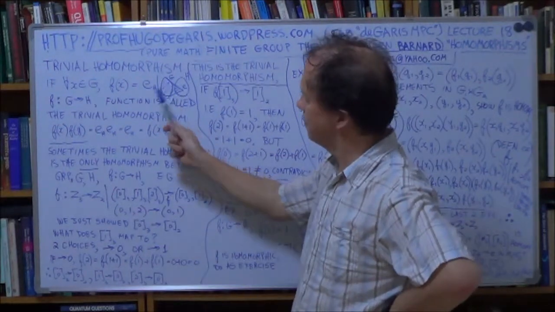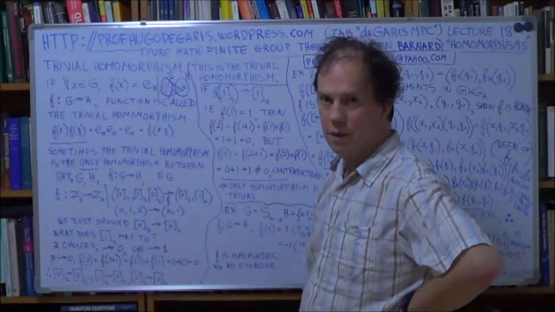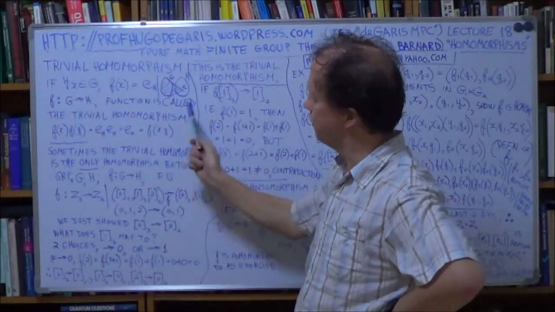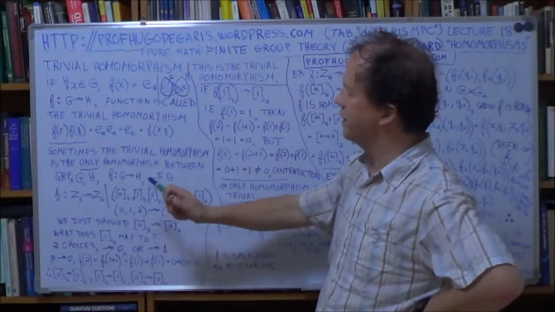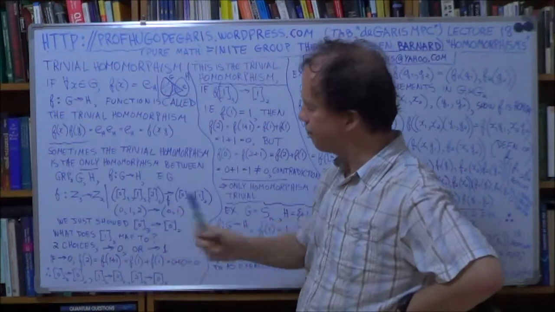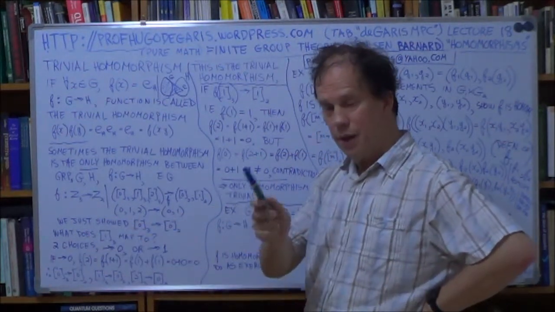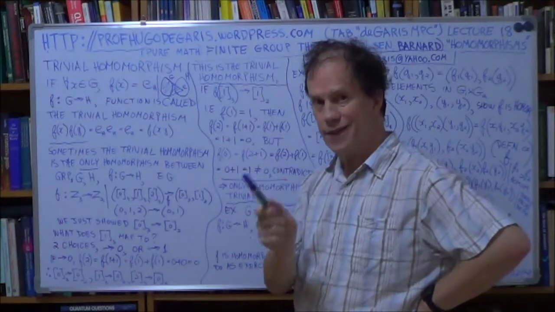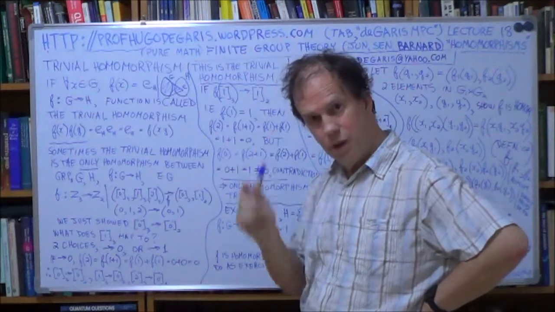And because it's a special case where everything gets mapped to just the unit, this homomorphism is called a trivial homomorphism. Now, interestingly, sometimes when you try to map one group to another group, the only homomorphism that exists between those two groups is the trivial homomorphism.